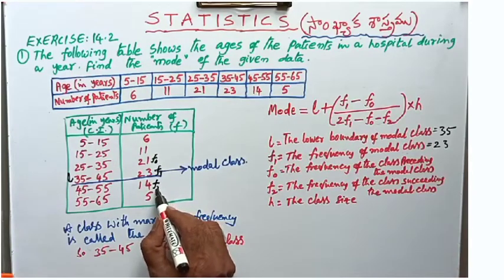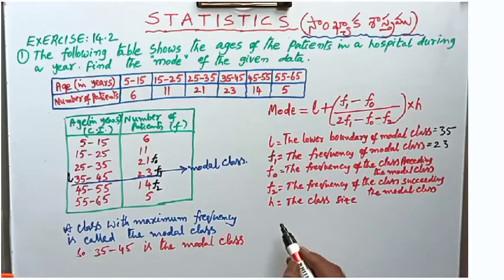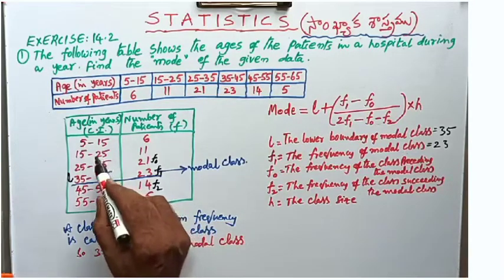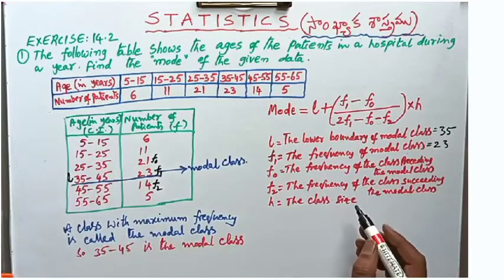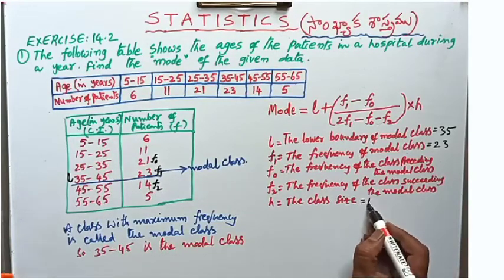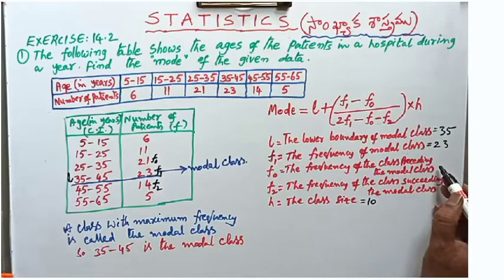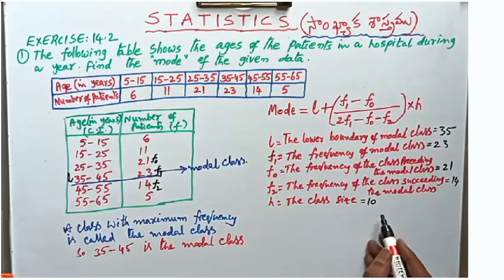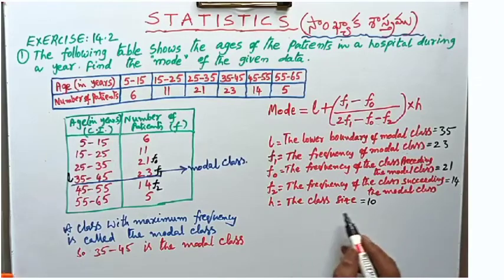And next the class size: 25 minus 15 is 10, 35 minus 25 is equal to 10. So the class size H is equal to 10.